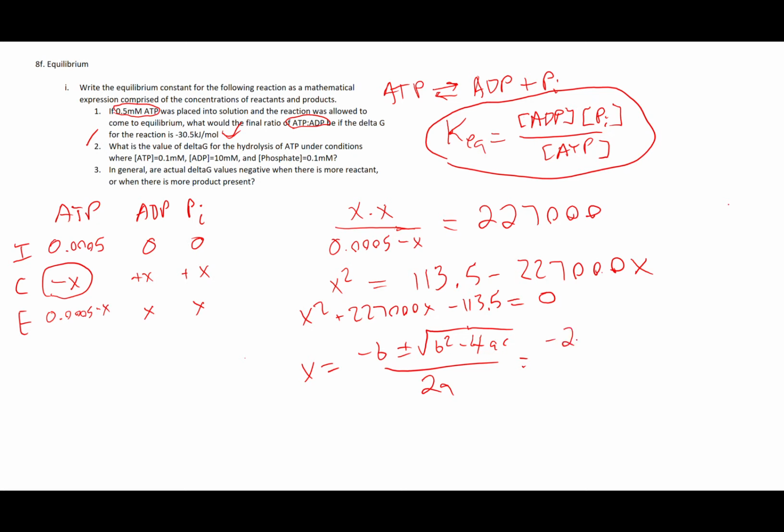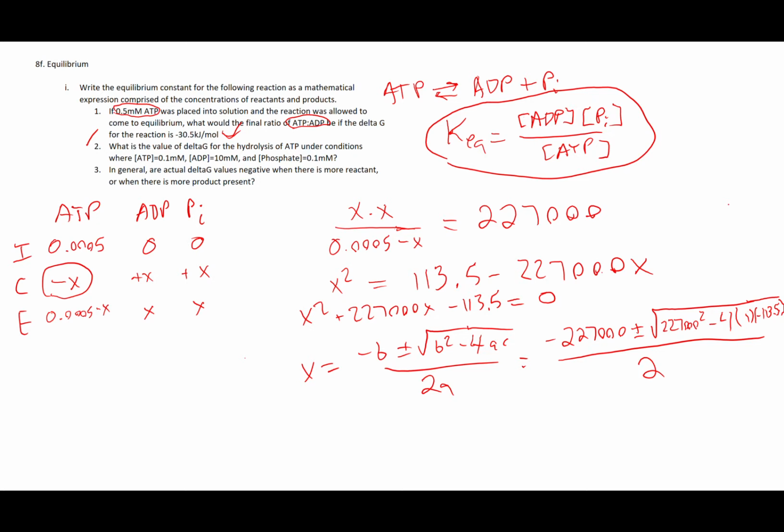So we have negative 227,000 plus or minus, we have to consider both, our b squared, so this is going to be a big old number, 227,000 squared, minus 4 times a, which is 1, times c, which is negative 113.5. All of that now over 2a, which in this case is just 2 times 1, or 2.